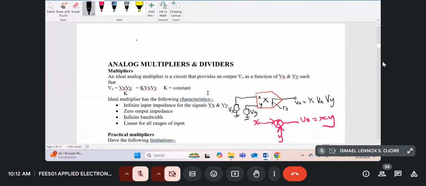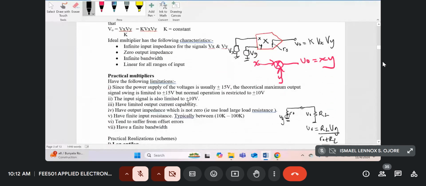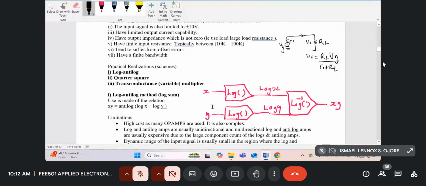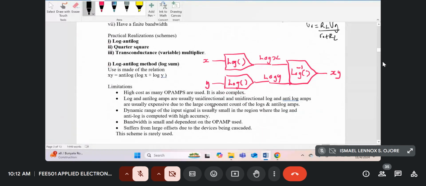So in the introduction, we did all this. You find an ideal multiplier. Then we saw the limitations of our practical multiplier. And then we went to how we practically realize or implement analog multipliers.